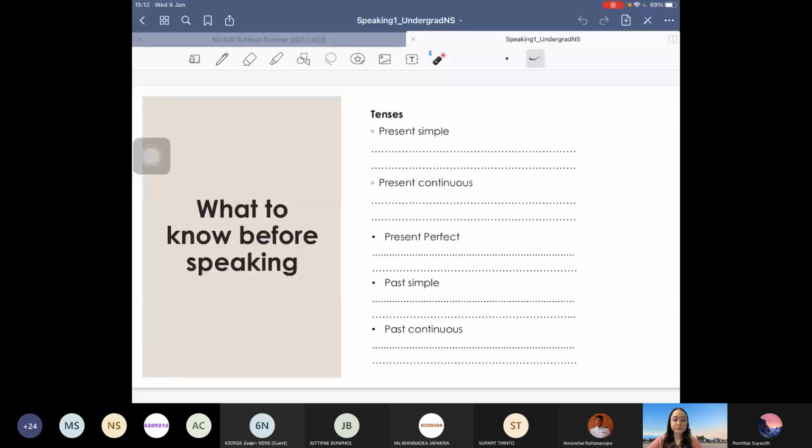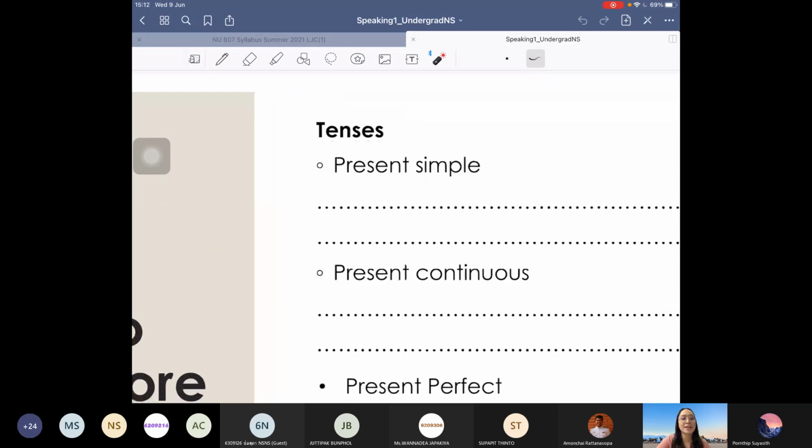Okay, so the most basic tense, the first one, is present simple. You know it well, right? How it's structured is very important. The structure of present simple is very simple.